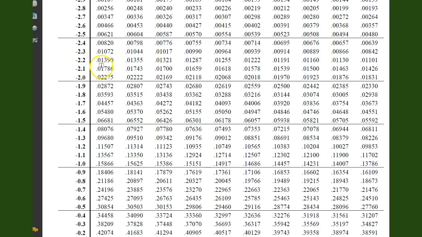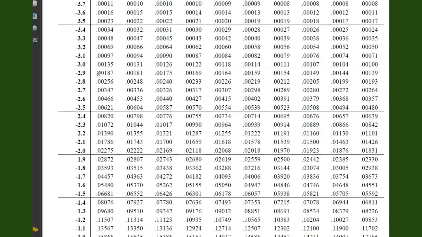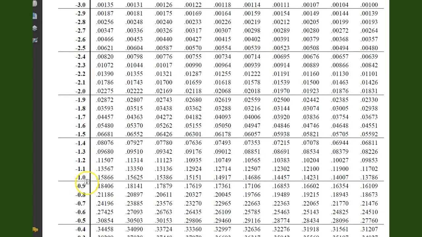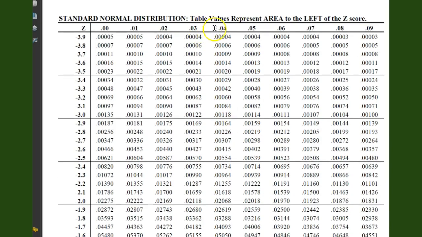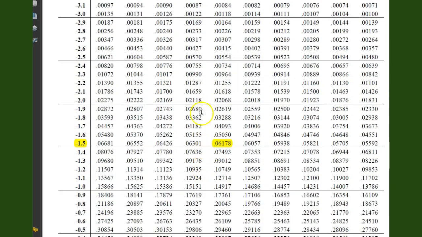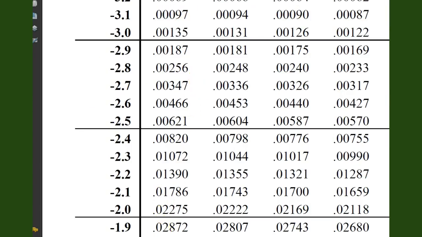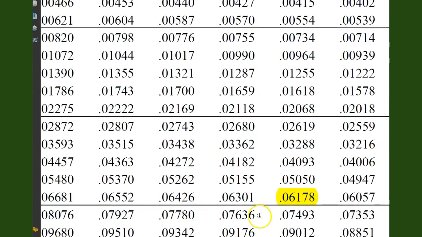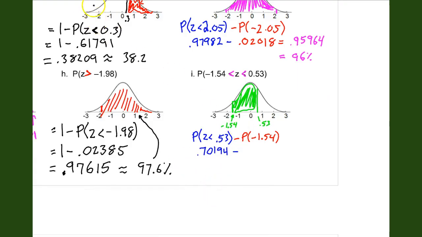Okay, so that'll be on the other side. Negative 1.5 and 0.04, that should be right there. Double check that. Yes. So we have 0.06178. Okay, there we go.